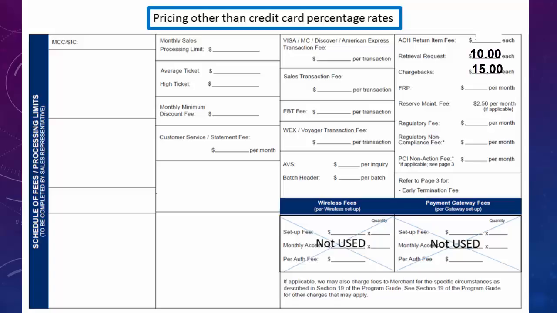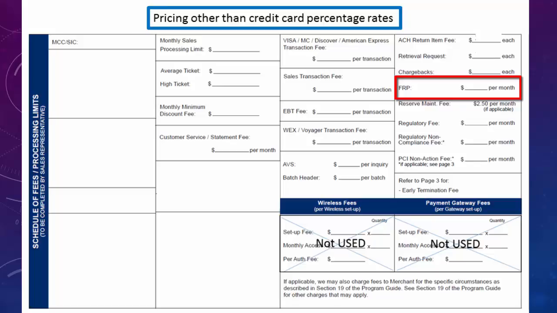So retrieval is generally priced at $10, and then chargebacks are generally priced at $15, and together that's a $25 transaction. Now sometimes it could be priced differently, so just check with your manager as to what you're supposed to price those at.